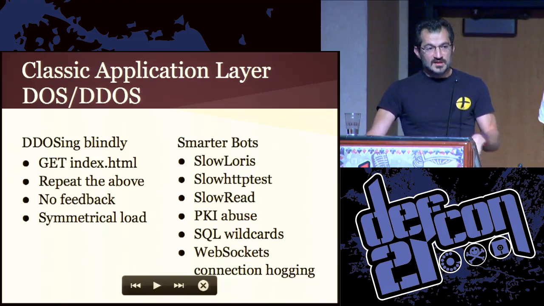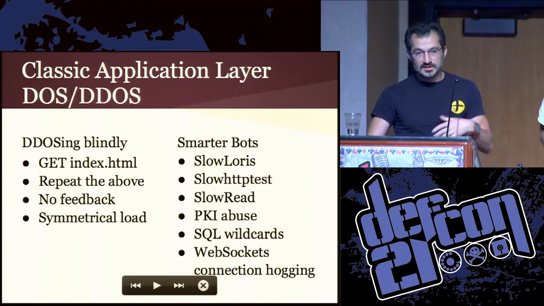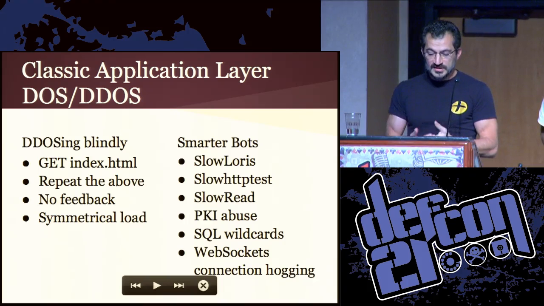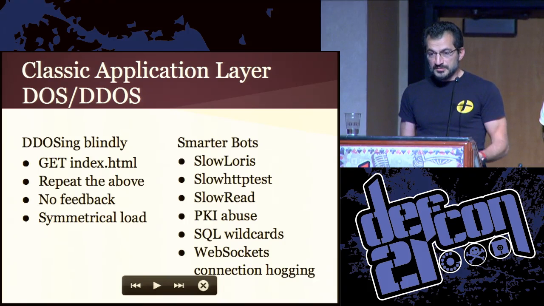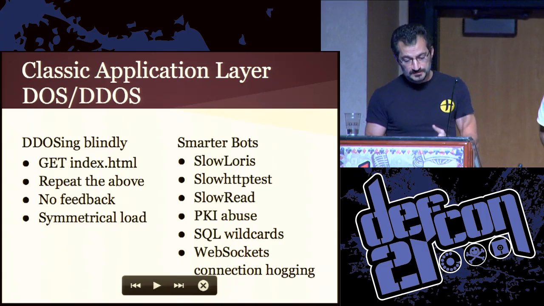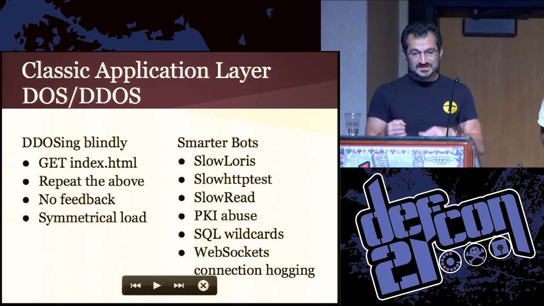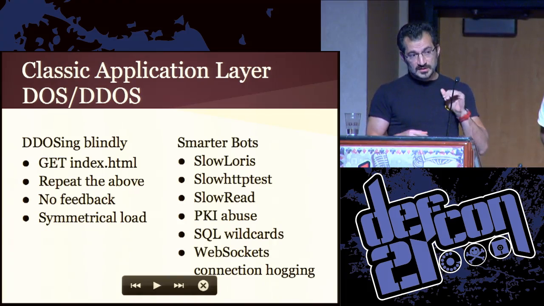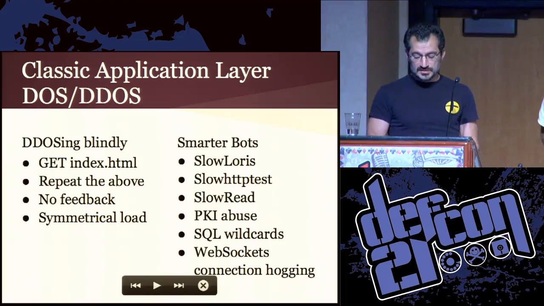But that doesn't have feedback sometimes, and load is near symmetrical. Smarter bots, like slow Loris, slow HTTP test, PKI abuse, and whatnot, are smarter and they are asymmetrical in nature. Our proposed method is gonna be striving to be asymmetrical.